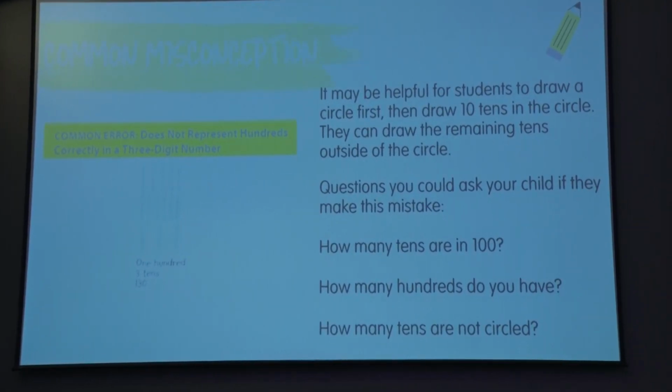Just some things they could do, like if they did not do 14 tens, we might talk to the students about what they could circle to come up with a number to get 100 that might make it easy, and then look at the remaining tens outside. Remember, one of our practice standards was attending to precision. So this is one of the things they might have just did a quick draw. But these are things we talk about with students because they have to apply a lot of their knowledge.